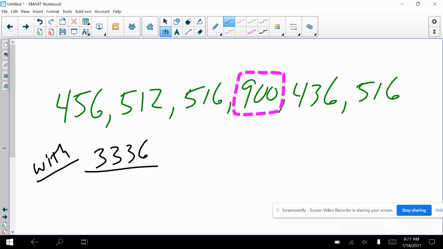So if we add them up, we get 3,336. And we have 6 numbers. And that's going to be a mean of 556. So the average number of all of those added together is 556.